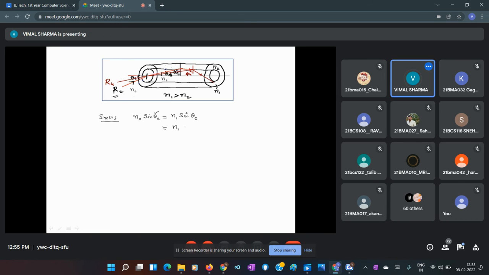So I can write, using this simple geometry, that n1 sine of theta c can be written in terms of phi c. So I write it as n1 sine of (90 minus phi c) is n0, this is right, and the left hand side is the same, sine theta a. Or I can write that this is n1 cos of phi c. And phi c is what? It is the critical angle.